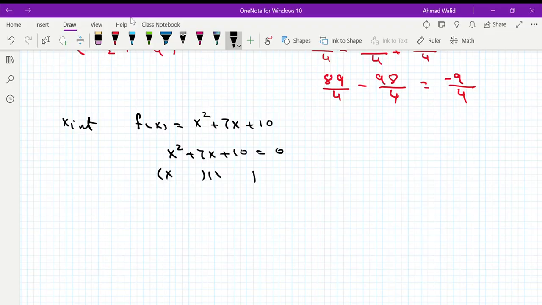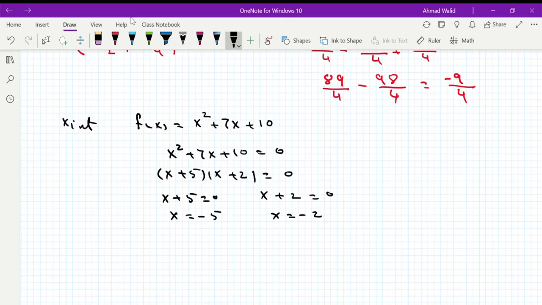X and x, positive 5 and positive 2 equals 0. Correct? X plus 5 equals 0. It means x equals negative 5. X plus 2 equals 0. It means x equals negative 2. Then the x-intercepts are negative 2, comma 0 and negative 5, comma 0.